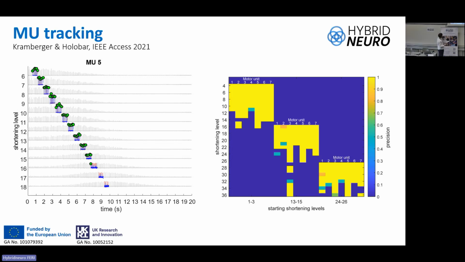If we would fix the motor unit filter at shortening level 6 and try to use the same motor unit filter through the shortening levels, we could see that at shortening level 18, we would totally lose the motor unit. We would say that the motor unit is not active anymore, but this is not true. It is active. It's just our filter is the problem, and the problem is because the motor unit action potential shape changed so much.